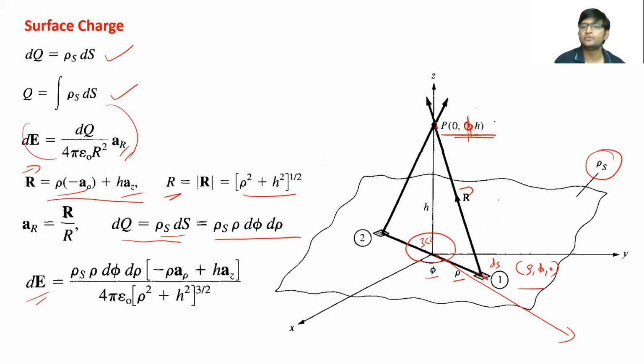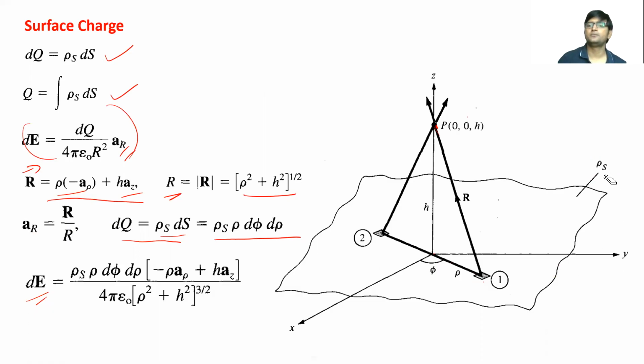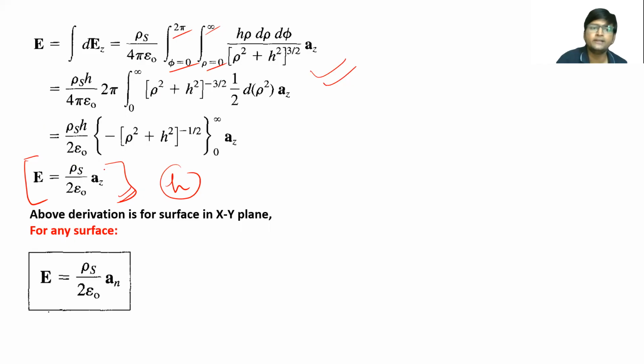If you see this surface, this point was at a height of h from this surface. But when we calculated the electric field, there is no expression of h in it.